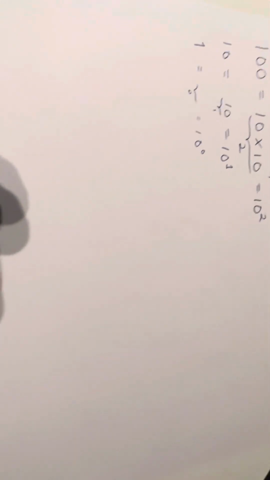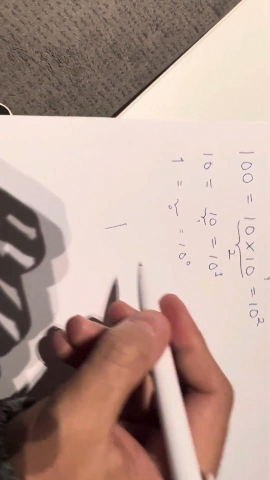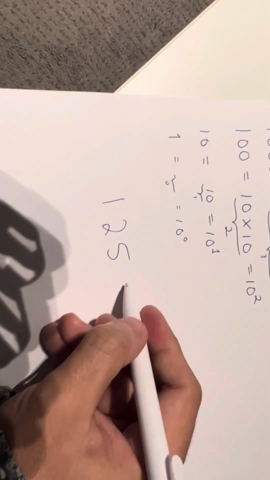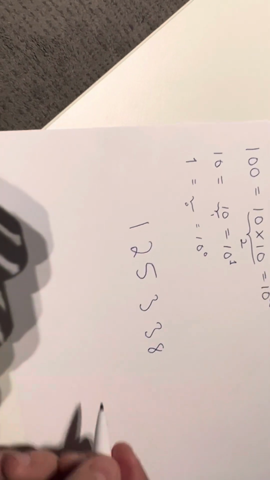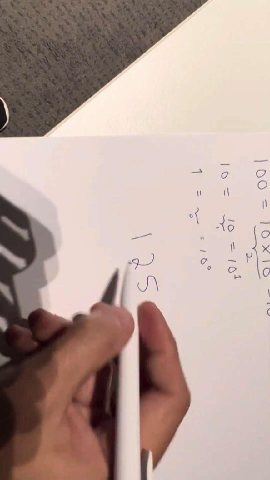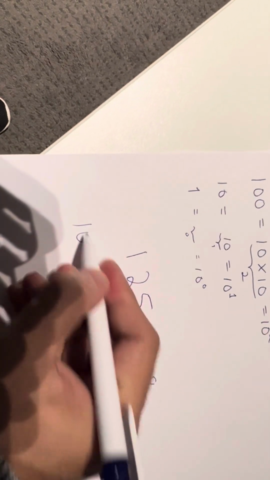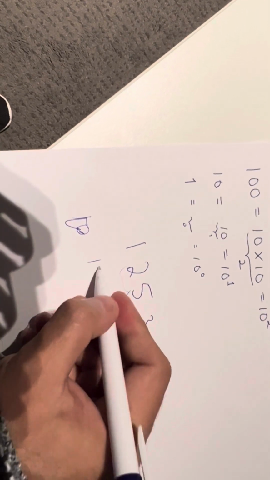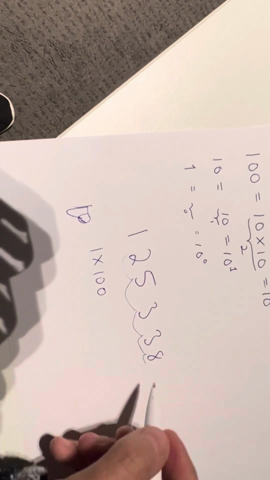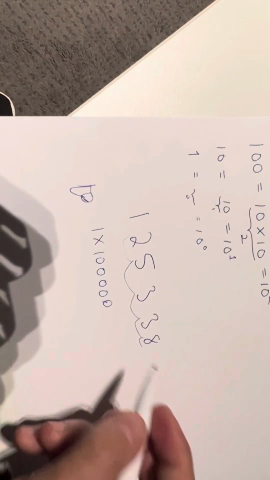Let's come up with a number: 125,338. So again, we decompose. We have 1, 2, 3, 4, 5, 6 digits. So it will be 1 times 1, 2, 3, 4, 5 zeros, which will give the first number.